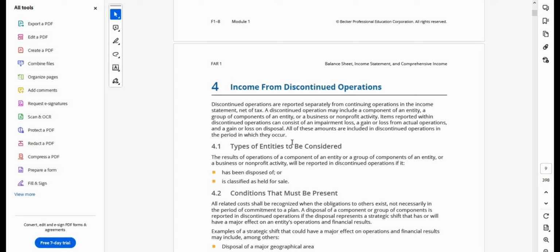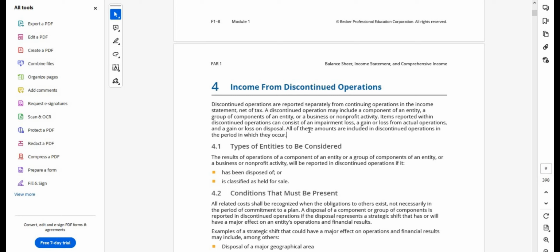A discontinuing operation may include a component of an entity, a group of components of an entity, or a business or non-profit activities. It means we do not have to show only the profit activity. We can show the non-profit activity. Means if the company is incurring losses, then also we have to show it in our balance sheet or P&L.